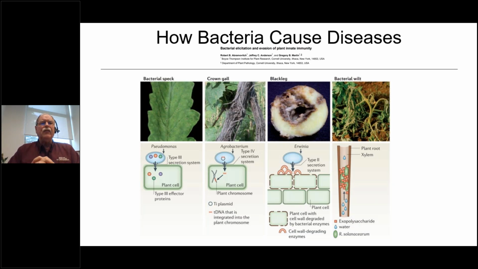If you look at the left here, though, we've got a bacteria called Pseudomonas, and we've got a picture of it. It causes bacterial speck on some host right there. Not sure what the host is. Don't even care a whole lot because we're looking at the molecular level right here. And it's got what we call a secretion system that it inserts its effectors into the host cell.